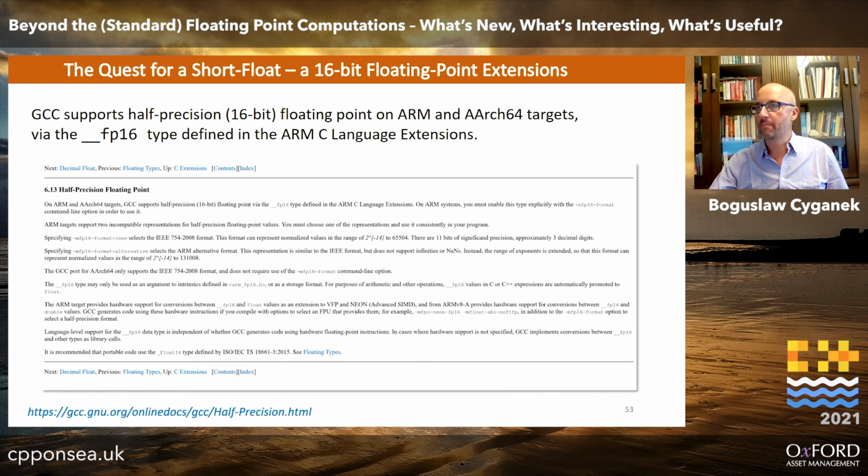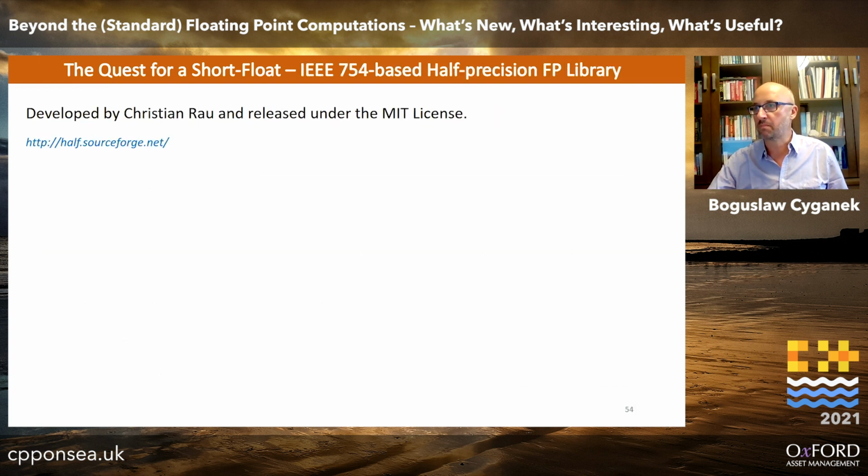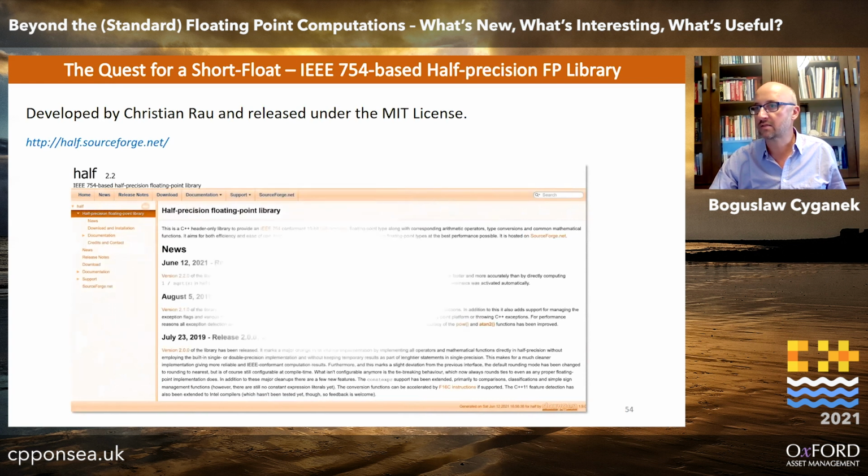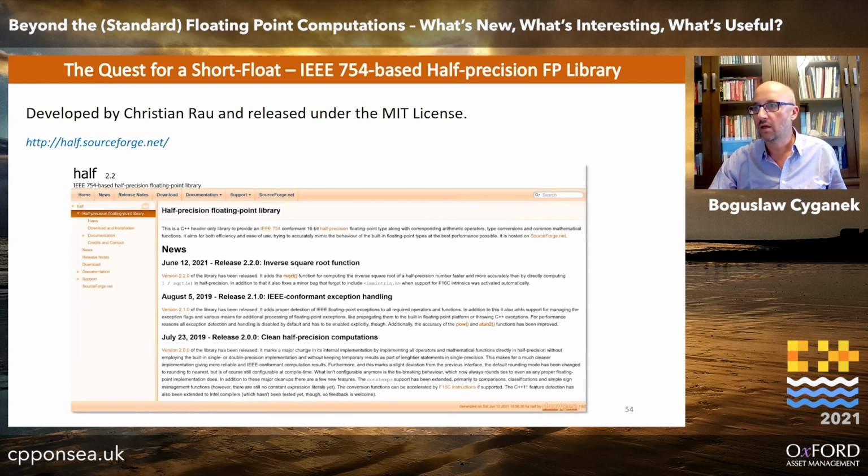Well, but this use is limited to this platform. But finally, what I am using is a nice library developed by Christian Rau and released under the MIT license, and is simply called half. And it has some benefits, as I will mention in a moment, and is IEEE 754 compliant.